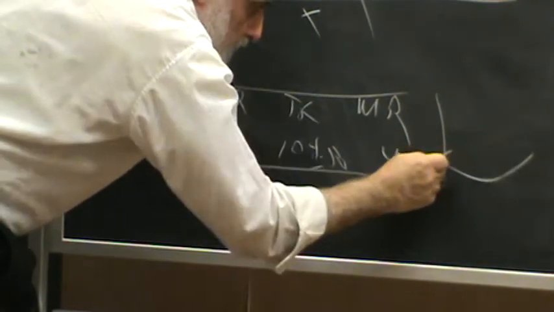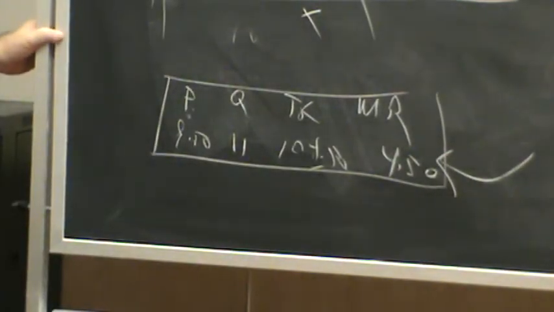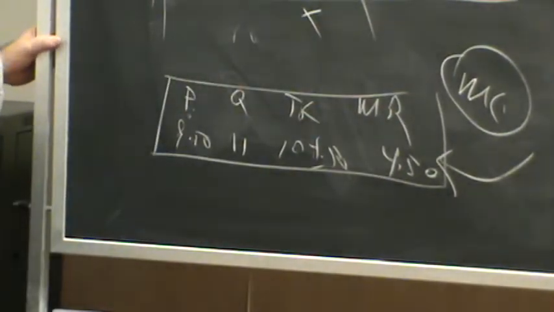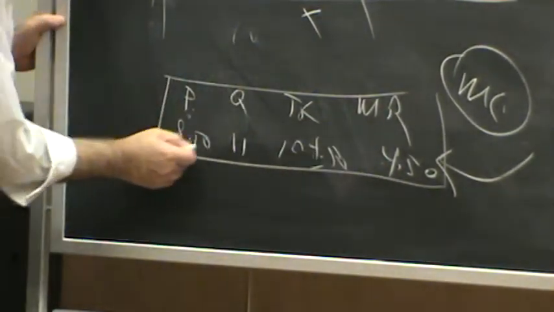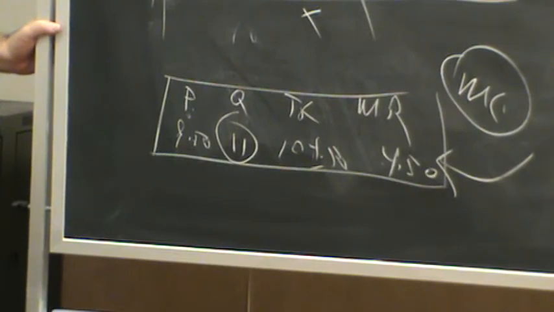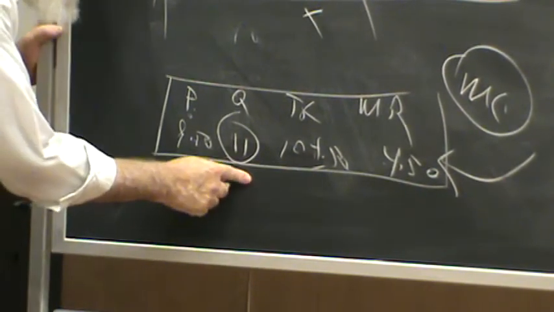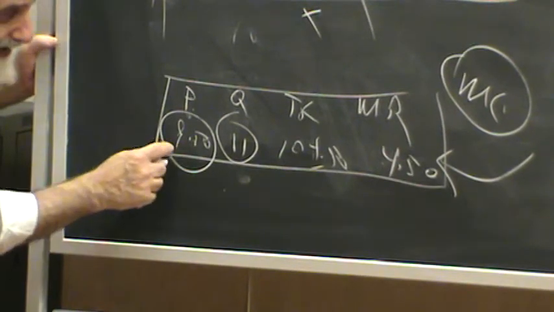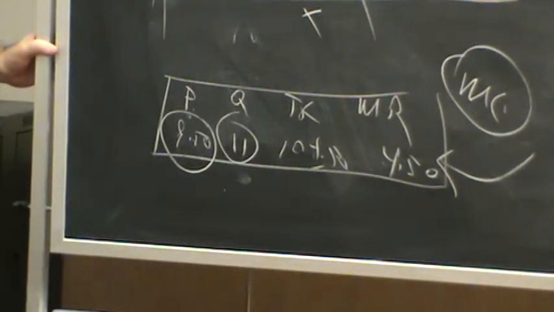And I said, what if I tell you the marginal cost is 450? How many will he produce? Well, he sets marginal cost equal marginal revenue, he produces 11. Sure, he produces 11, but what price does he charge? He charges 950, because only by charging 950 does he make 450.